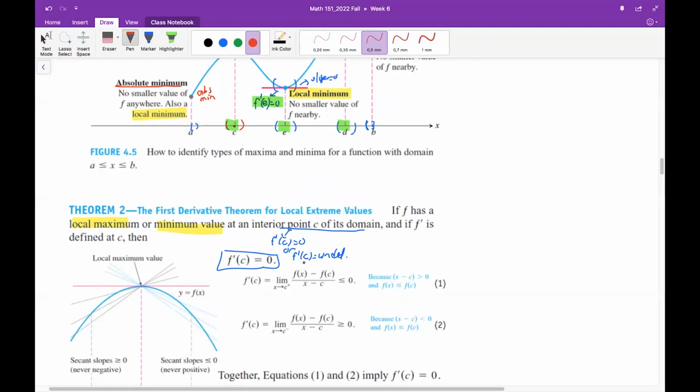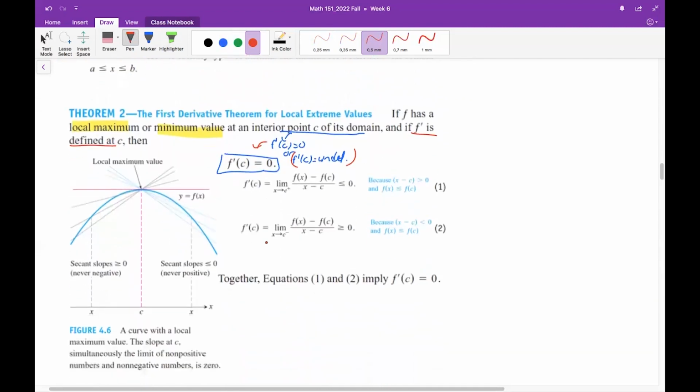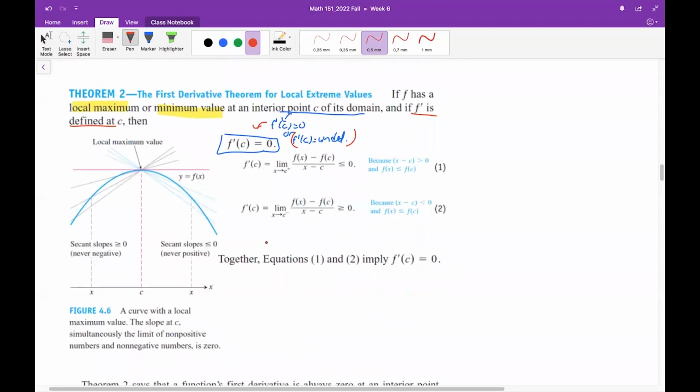So it eliminates this case by putting this assumption here. If it is defined, then first derivative has to be 0.